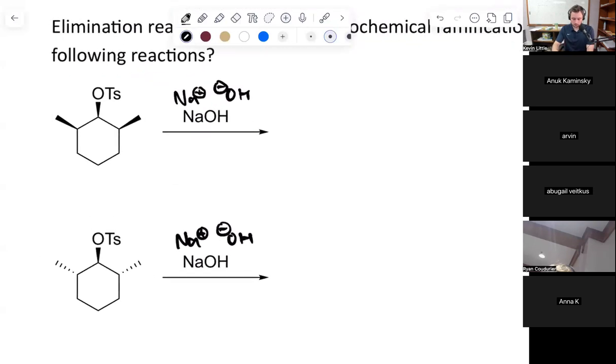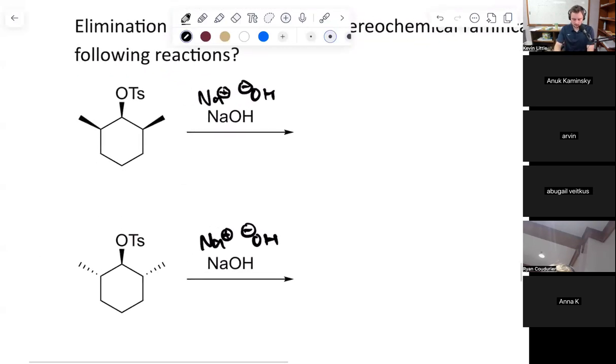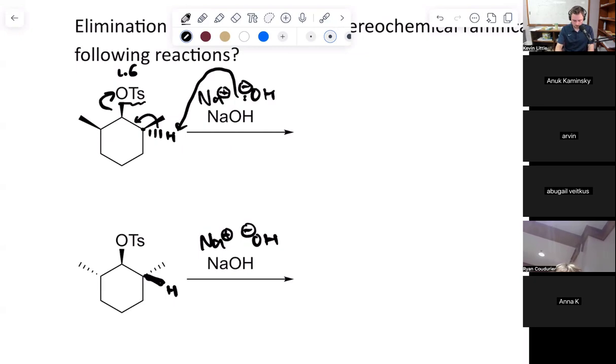All right. So in order to eliminate this leaving group, right? That's a leaving group. I have to take a hydrogen from next door. So it has to be the dash hydrogen in this case, has to be the wedge hydrogen in this case. So we can push the arrows and do the elimination.